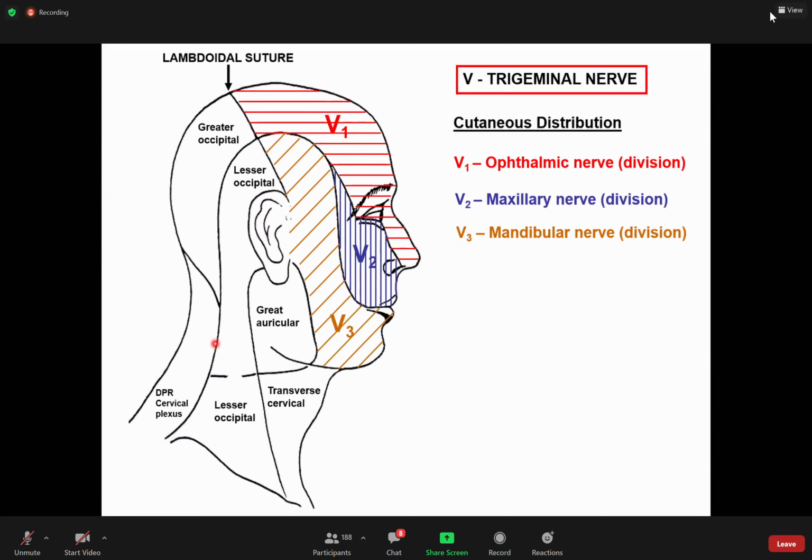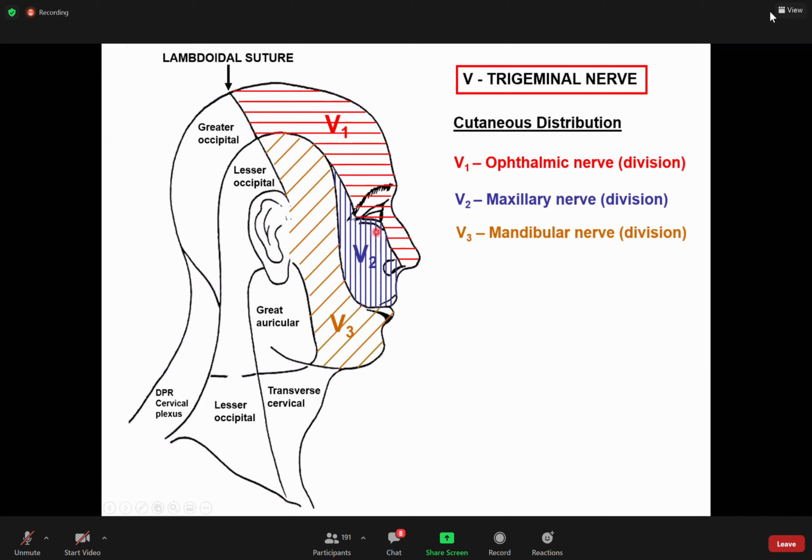Now, this is the distribution of the three divisions of the trigeminal. You have the ophthalmic division supplying the forehead, the front of the nose, as well as the scalp up to the mid head or the lambdoid suture. So this is the area of supply of V1, the ophthalmic division of trigeminal.